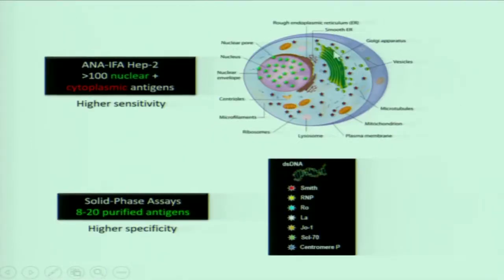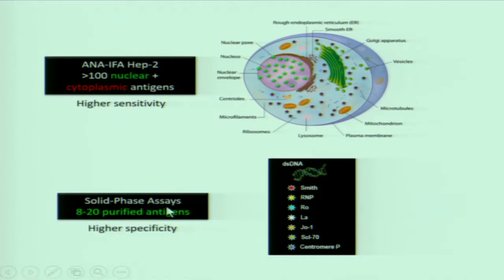This, I think, is what you need to understand about the options that we have, right? So you have the traditional approach, the ANA by indirect immunofluorescence on HEp-2 cells, able to detect more than 100 nuclear and cytoplasmic antigens in many different compartments. So very, very high sensitivity, because if you have antibodies against any of these antigens, you are going to detect it.